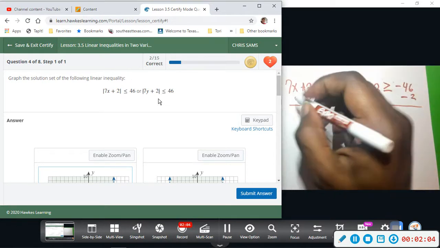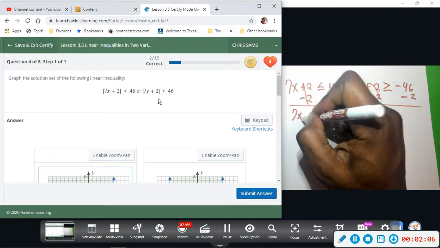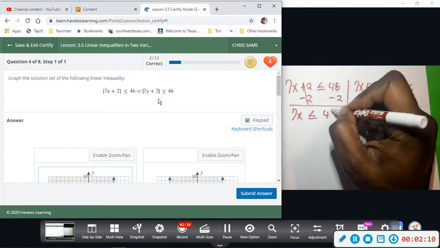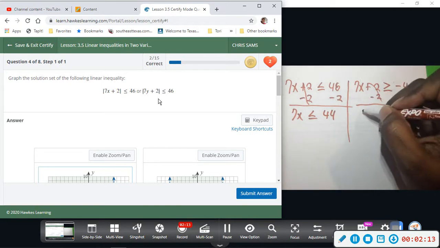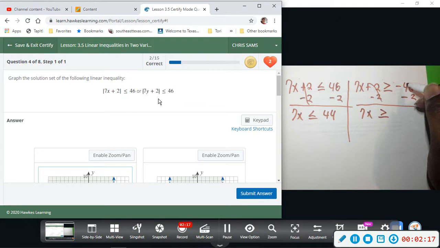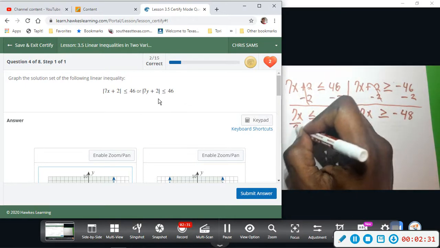Bring down 7x, bring down less than or equal to, this will be 44. Bring down 7x, bring down the greater than or equal to, and negative will add to be negative 48. So be careful, this is not negative times a negative, we are adding and subtracting, so you have to add those together. Now we divide by 7.